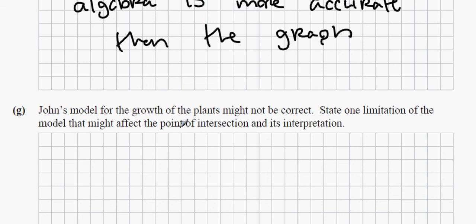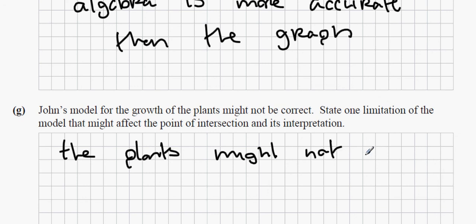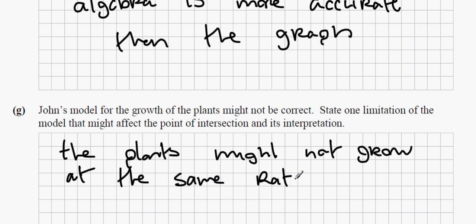John's model for the growth of plants might not be correct. State one limitation of the model that affects the point of intersection and its orientation. The plants might not grow at the same rate all the time, as they get bigger.